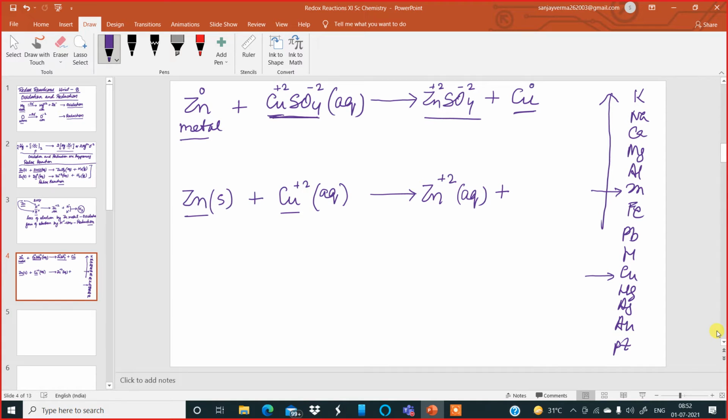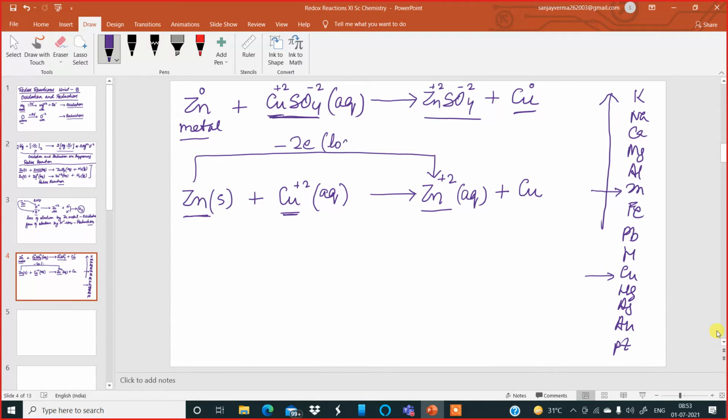And this copper ion has gained two electrons, so it will become metal. Now see, how does zinc become Zn plus 2? By losing two electrons. Can you follow me? This zinc metal is becoming zinc ion by losing two electrons.